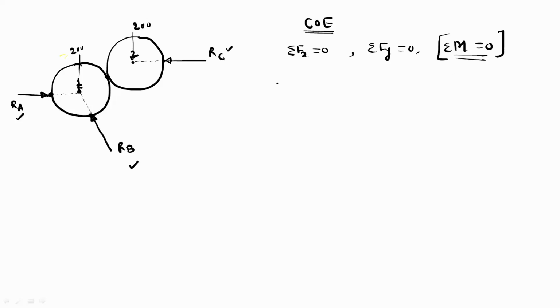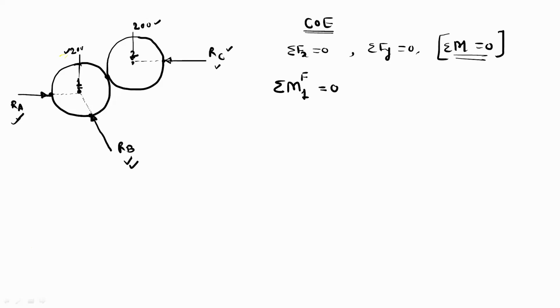Okay. So first condition, you can use summation of moment about the point 1 by all the forces, it is equal to 0. Okay. So take the moment by all the forces about the point 1. So moment by RA will be 0, moment by RB will be 0, and moment by this 200 Newton will be 0. We have to take the moment by 200 and this reaction RC. Okay.